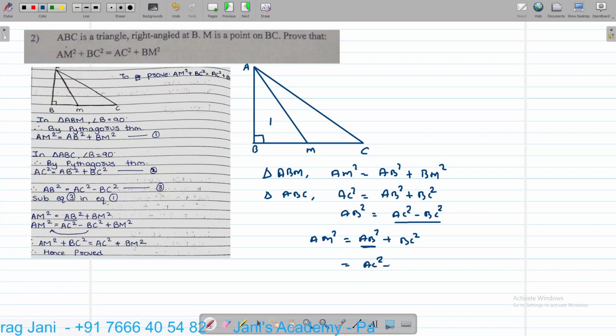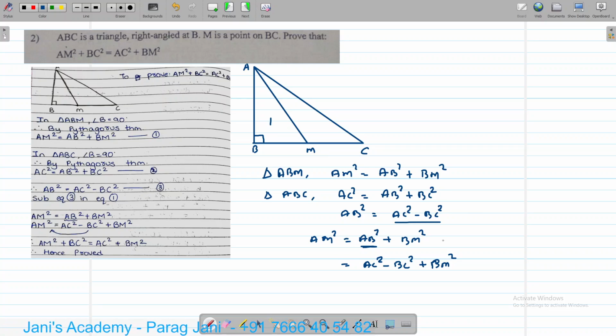So now AM square is equal to AC square minus BC square plus BM square.